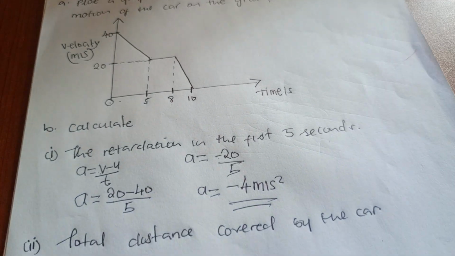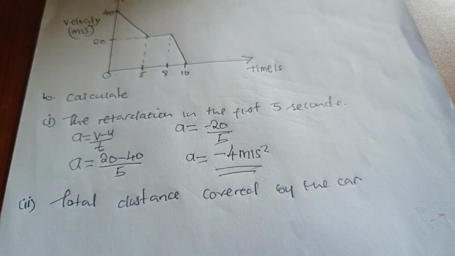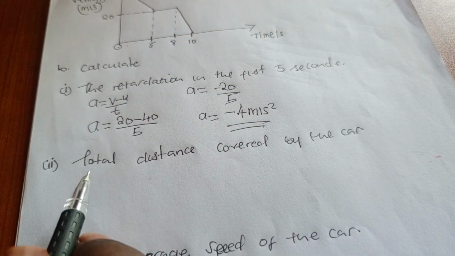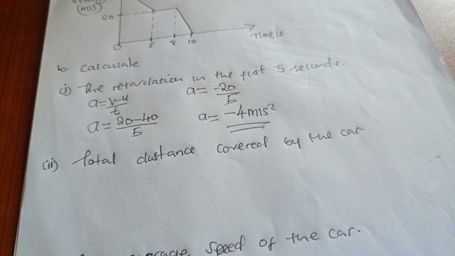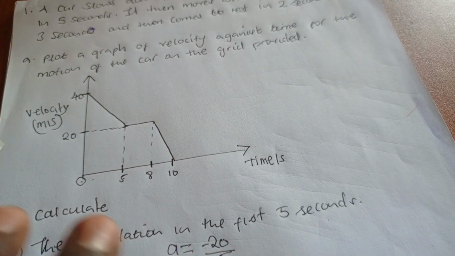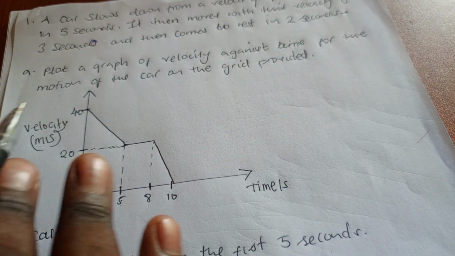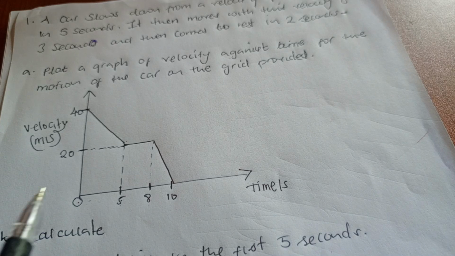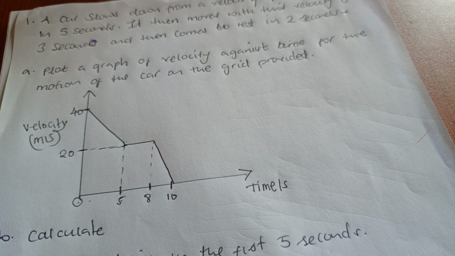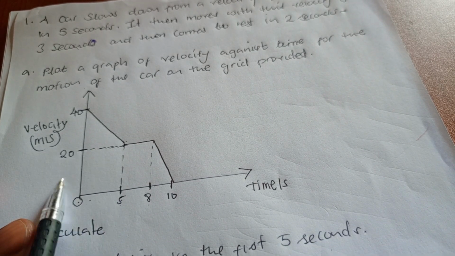Then I'll go to question B2: total distance covered by the car. They want me to find the total distance. We need to know that distance is the area under the graph. So I need to find the area of this shape.